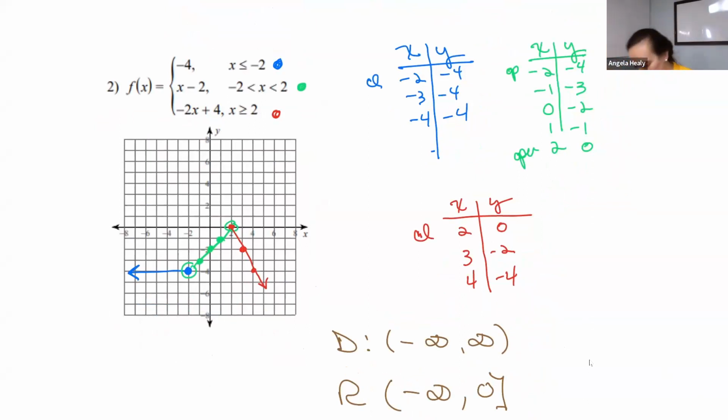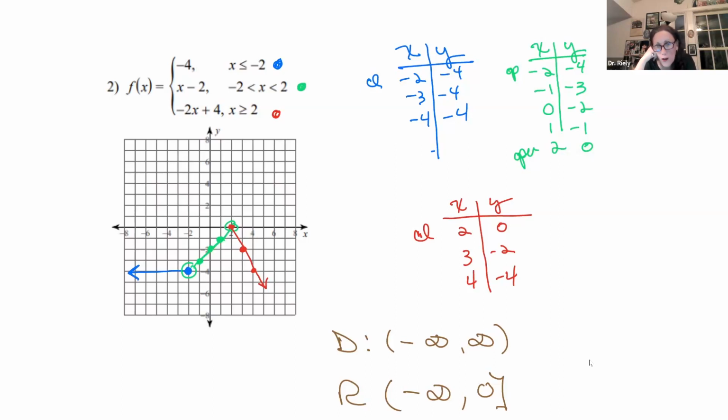The blue function fills in the left part of the green. Then the red piece of the function fills in the open circle for the green. So the green has two open circles, and that's what allows it to be filled by the others without violating the function rule.